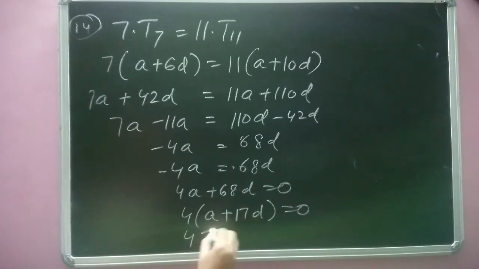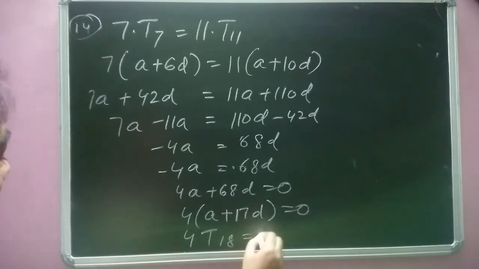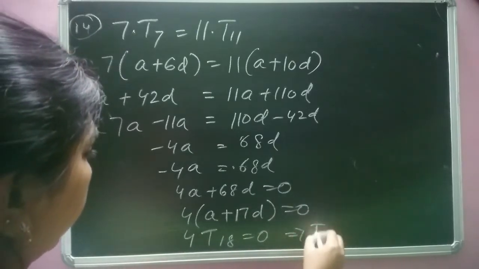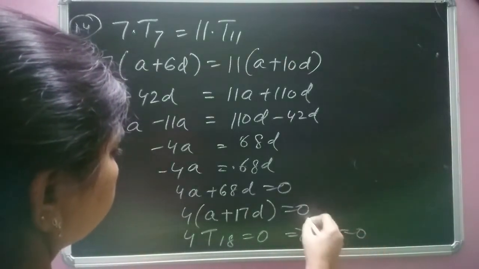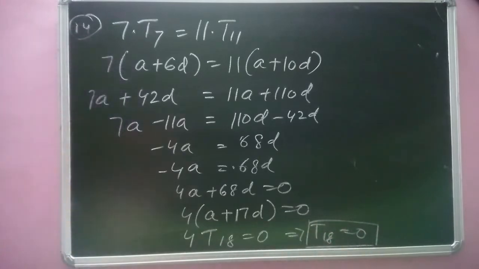Now A plus 17D can be taken as the 18th term. So 4 times the 18th term is 0. Hence the 18th term is 0. So T18 is equal to 0. We have proved. So here we have used the given condition that 7 times the 7th term is equal to 11 times the 11th term, and we have simplified the given condition and we got the result.